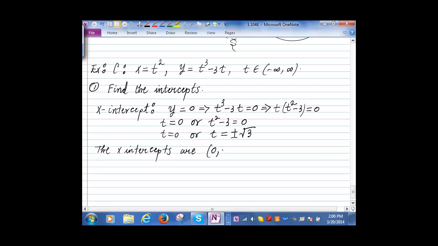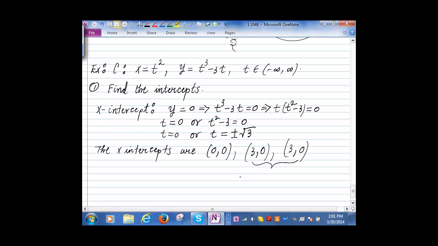And what's the value of y? 0 as well, right? When t is positive root 3, what is x? X is 3, right? And y is obviously 0 because it's the x-intercept. And when you plug in negative root 3, you get 3, 0 again, right?